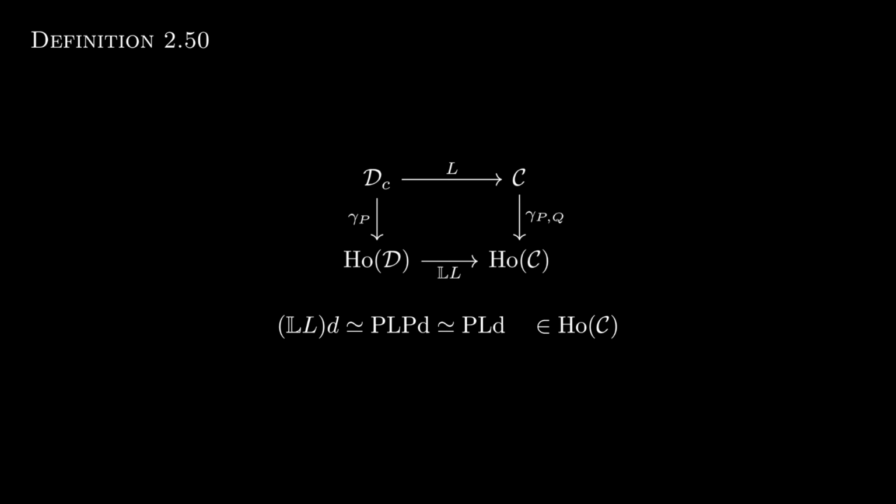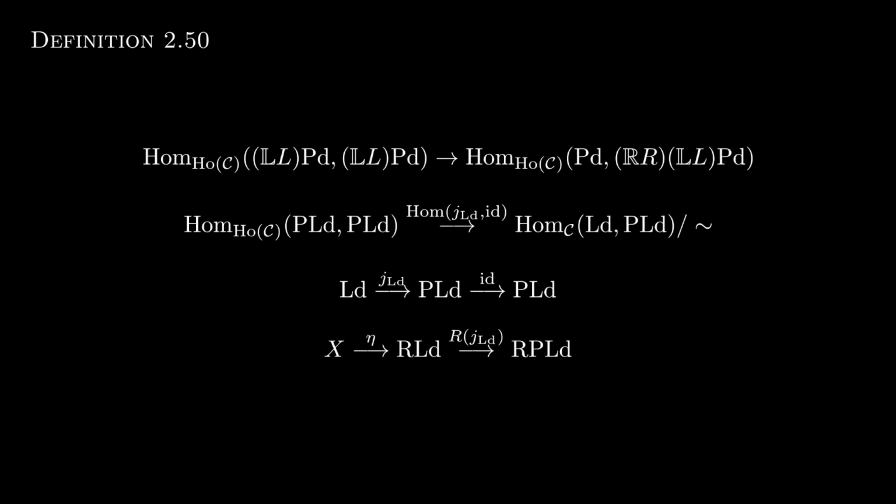Okay, we have an element in the homotopy category of D, so now we want to consider its adjunction unit and show that it is represented by a derived adjunction unit. Well, by definition, its adjunction unit is the image of the identity under this adjunction isomorphism. Well, LPD is, by what we just talked about, PLPD, which we showed is just PLD.